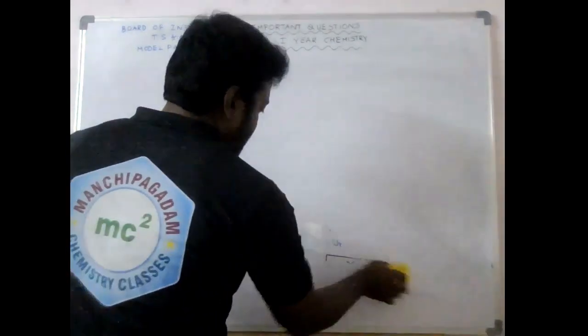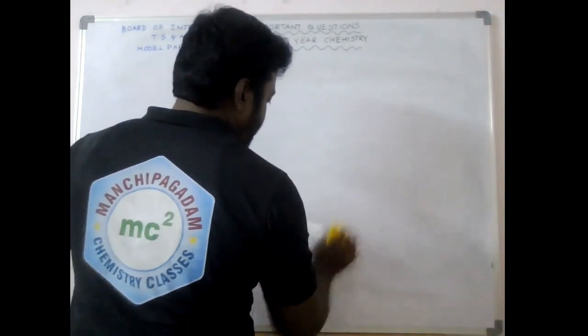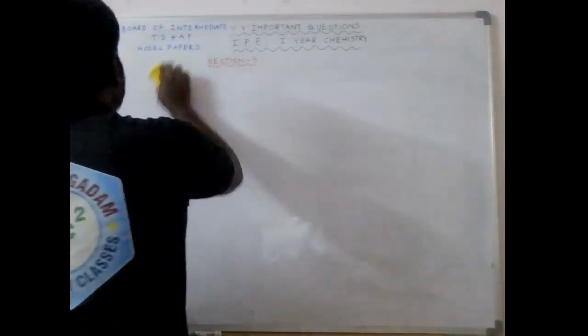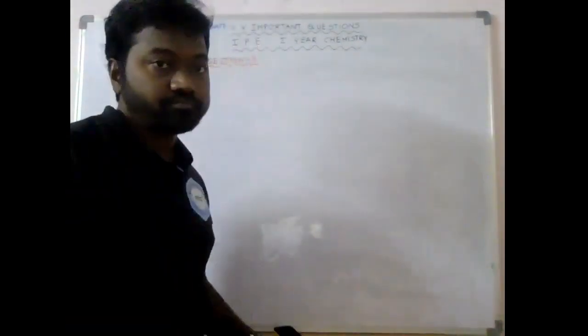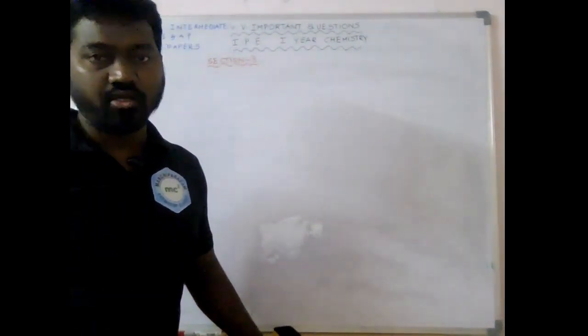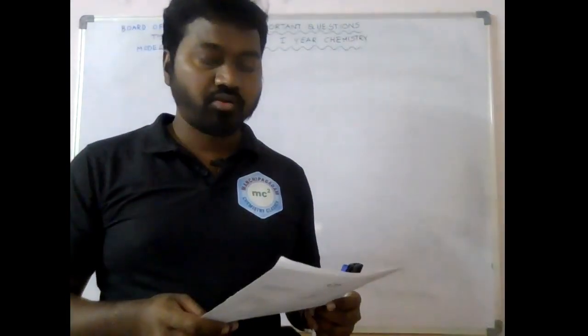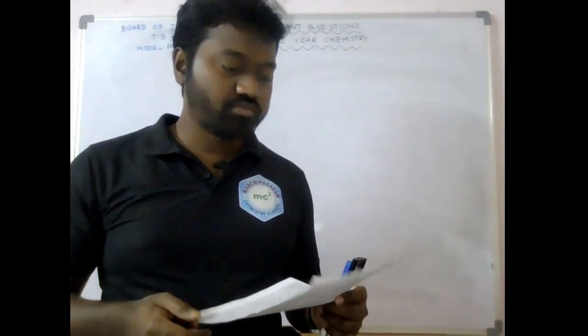That question is most important. You have to go through both acidic medium and basic medium. In this model paper, they gave basic medium. We have to balance that redox reaction based on the ion electron method.